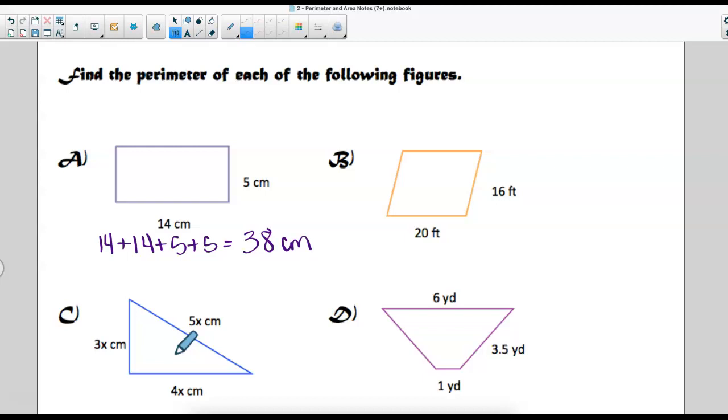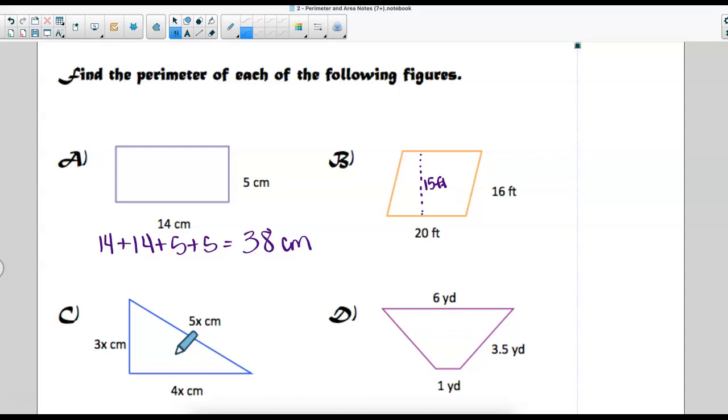What shape is this one? A parallelogram. Okay. Now, sometimes on a parallelogram, these two sides will be labeled, but sometimes they'll also give you this, and they might tell you that this is 15 feet. This really just represents the height of the parallelogram. If I want to find the perimeter, do I need the height?